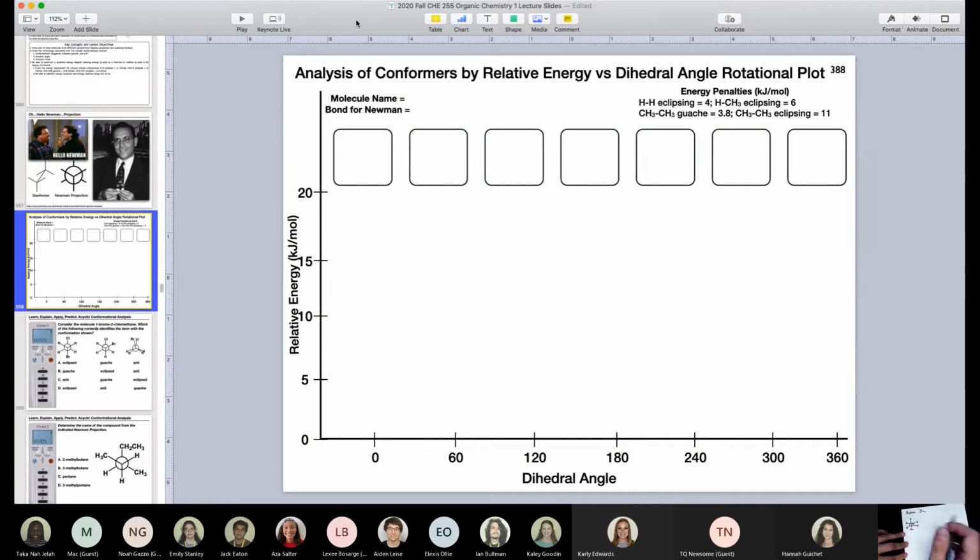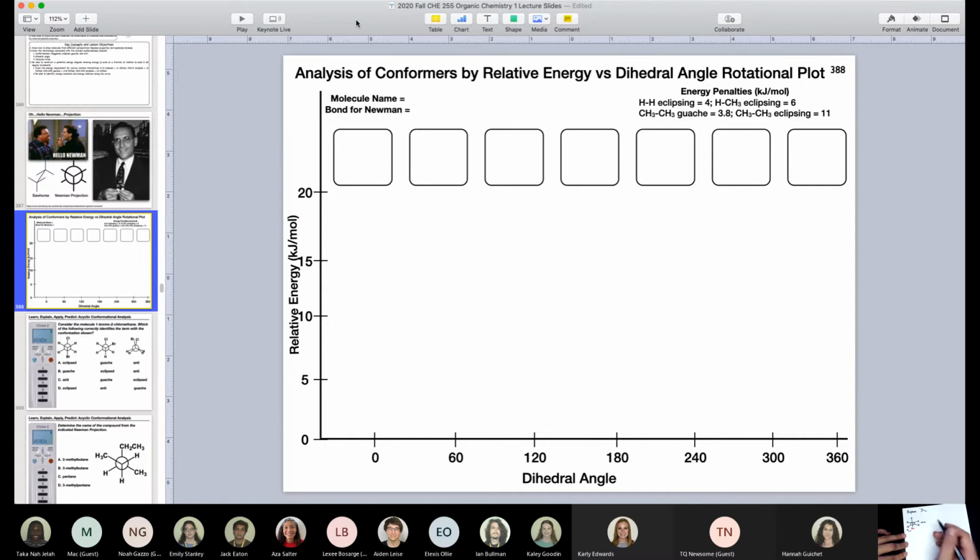What we are going to do, again, is a 60-degree rotation. Let's just go clockwise. I think that's the easiest thing to do when you're doing these type of problems. Just keep the back one constant. Move the front one.